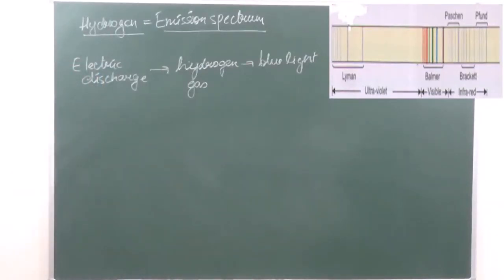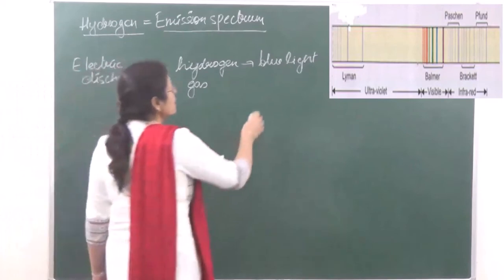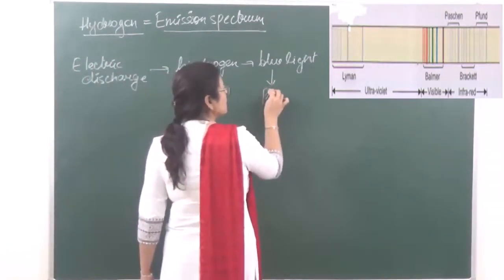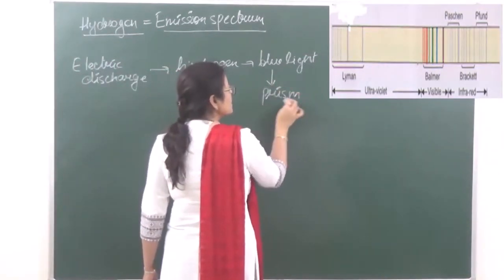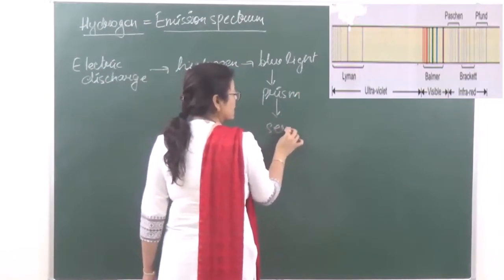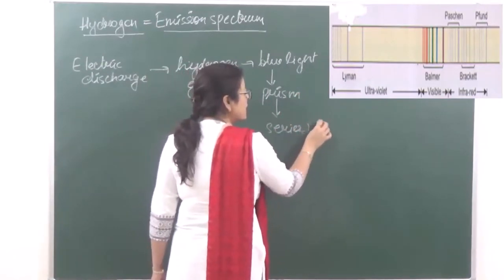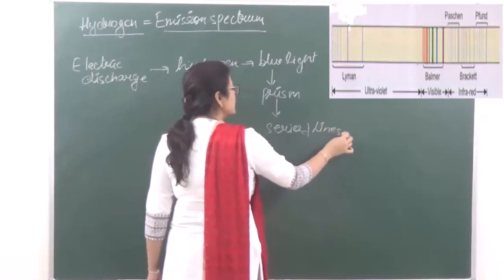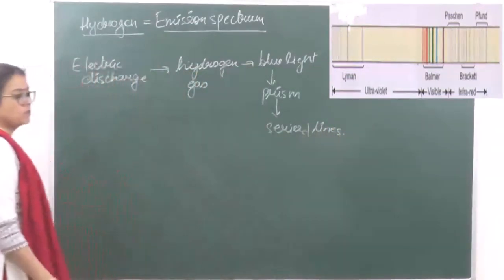This blue light is passed through a prism. And when this blue light passes through a prism, a series of lines were observed.